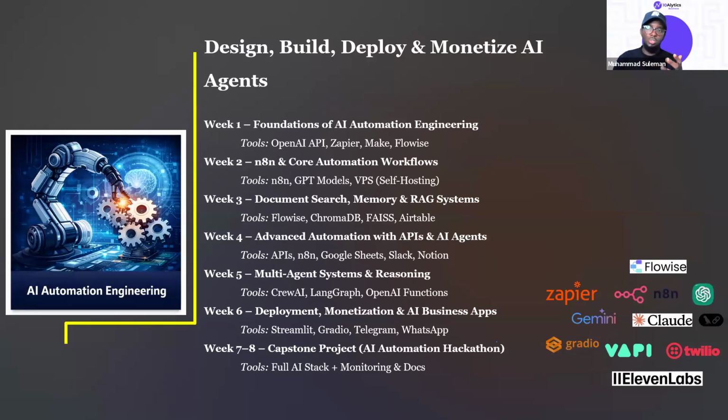Now, with AI automation engineering, it's a whole new ball game. And for you, after learning this, you can build what we call AI agents. AI agents are like virtual assistants or personal assistants, but instead of it being a human being, it's an AI. AI does not complain. The AI can think on its own. It can remember stuff.